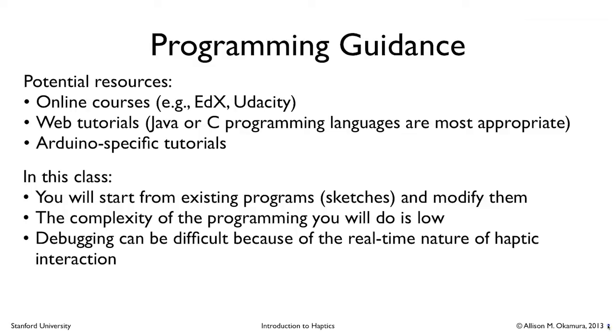I mentioned that debugging skills are really important, but debugging can be difficult on haptic devices, and all robot type devices for that matter, because of their real-time nature. If you're doing a typical programming assignment in a class that has nothing to do with connecting to hardware, you can kind of stop the program at any point in time and see what all the variables are and see what things are doing, and that can help you debug.